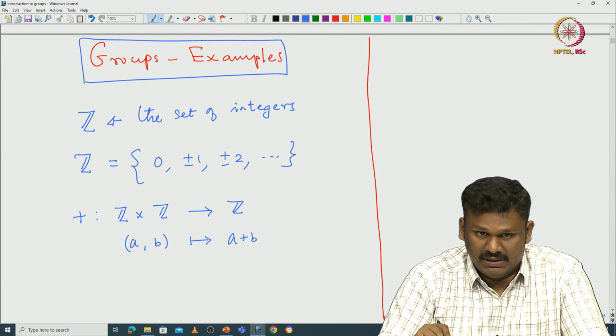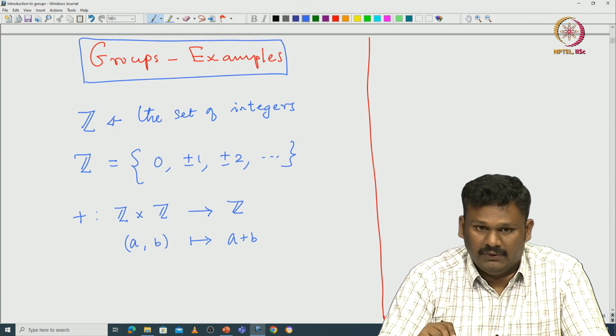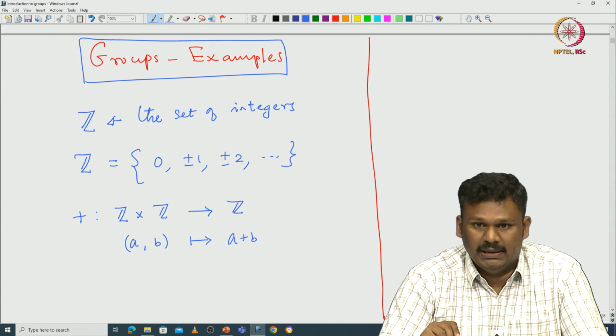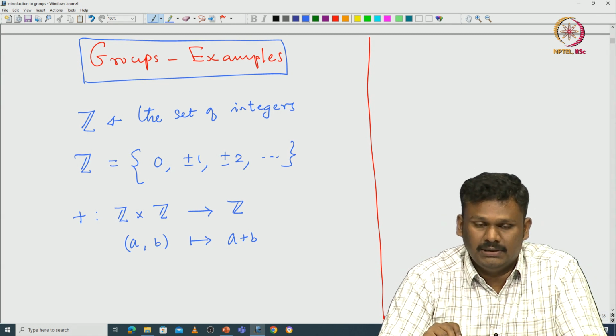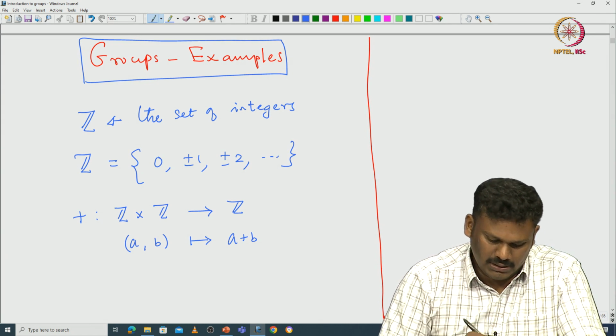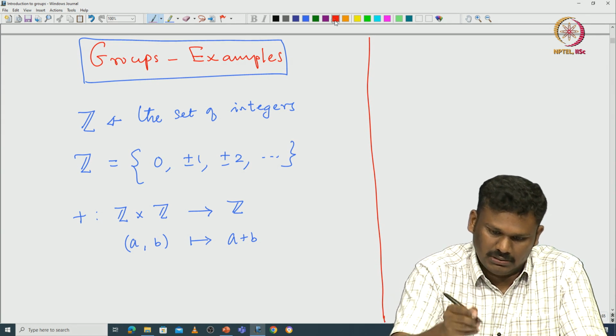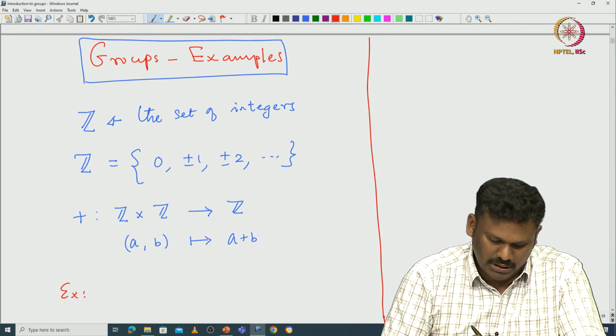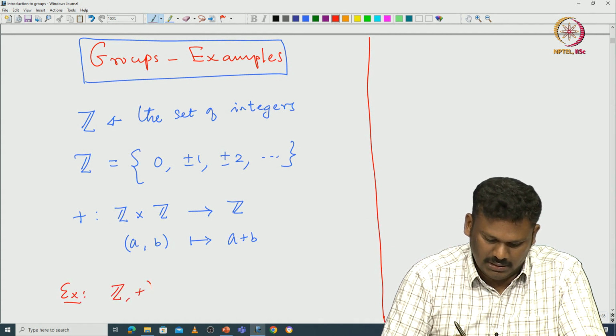It satisfies associativity, the closure property is already very clear from the definition, and then you have this unique element 0 which acts as the identity element with respect to addition, and given a you have minus a which is the inverse with respect to addition. I will leave it to you to check that (Z, +) is indeed a group.